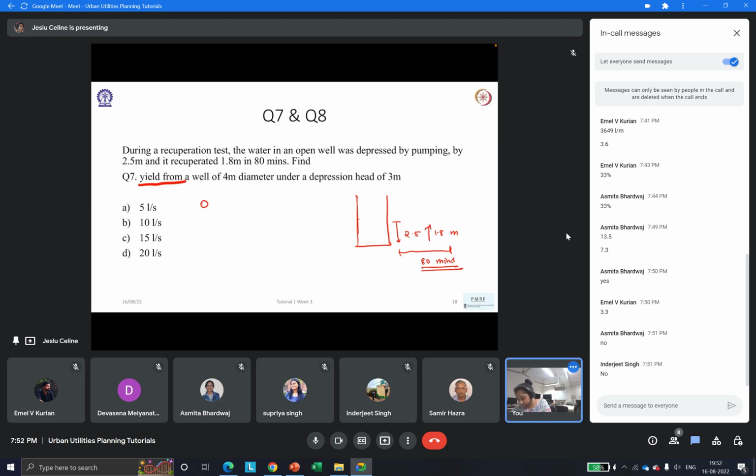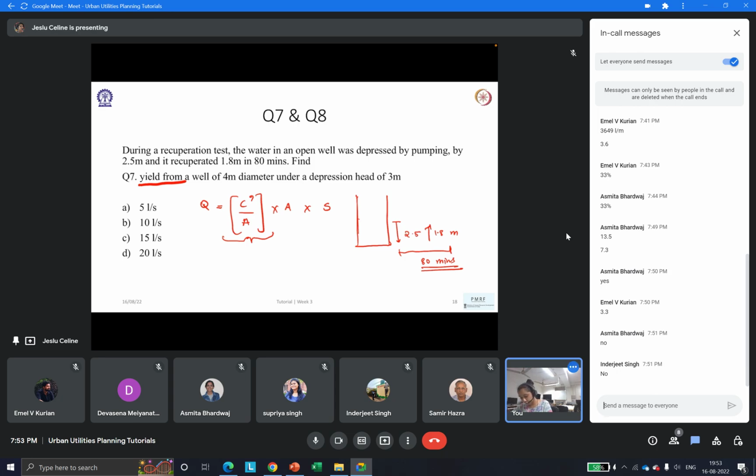So again, if I go back to the same formula, into the depression head. This is the specific yield which in the previous question was given, but here we have to find this. C dash by A is what we'll have to find first in order to solve this. Let's just start that way and then go.